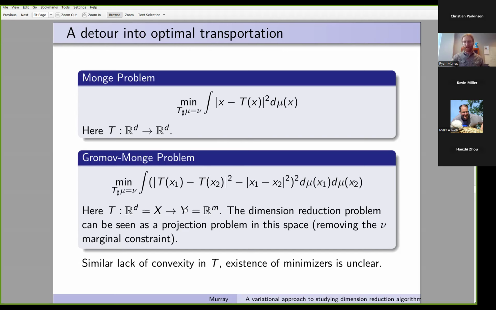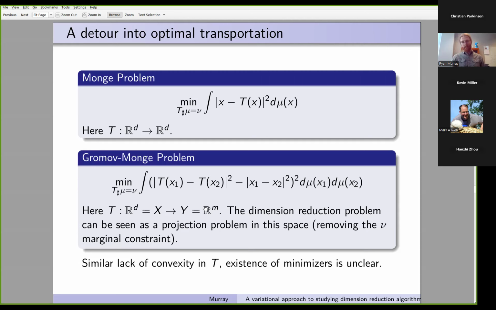And you compare the pairwise distances between x1, x2, and t of x1 and t of x2. This energy looks exactly like the one that I wrote down on the previous slide, with the added constraint that I'm required to match a specific marginal in my feature space. Whereas in the dimension reduction problem that I'm talking about today, you aren't required to satisfy this marginal constraint.